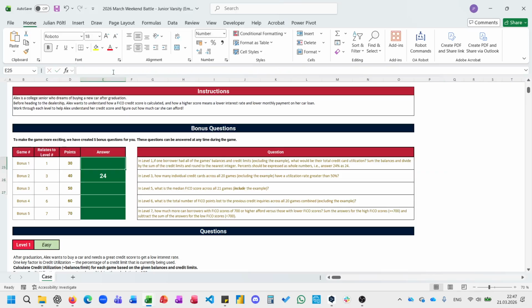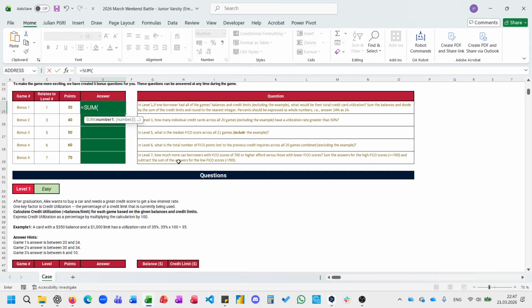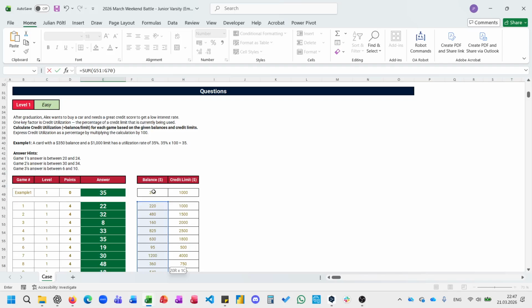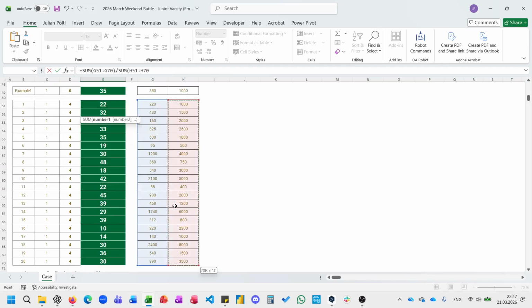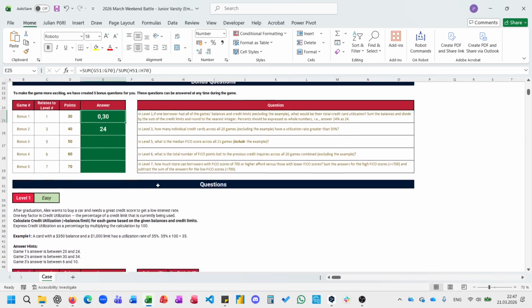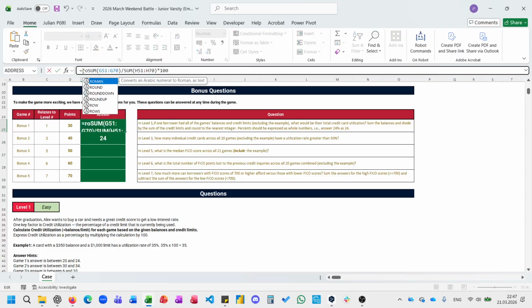Okay, bonus 2 before bonus 1. If one borrower had all the games balance. No. Okay. Equals sum divided by sum, right? And then times 100 and rounded.